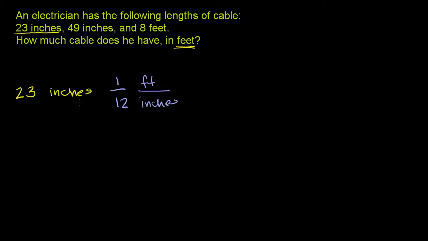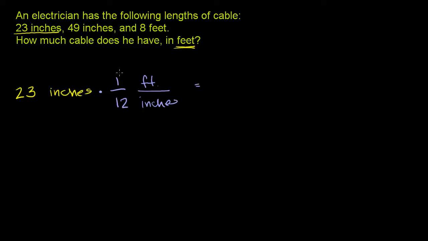Either way, if we multiply this, the inches cancel out. That's why we know, at least mathematically, if we just did it mechanically, why we shouldn't multiply by 12. But also it should make complete sense. We should be dividing by 12, because when you express this distance in feet, it should be a smaller number. So what does this give us?